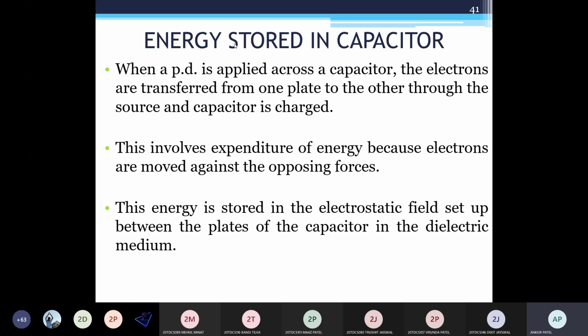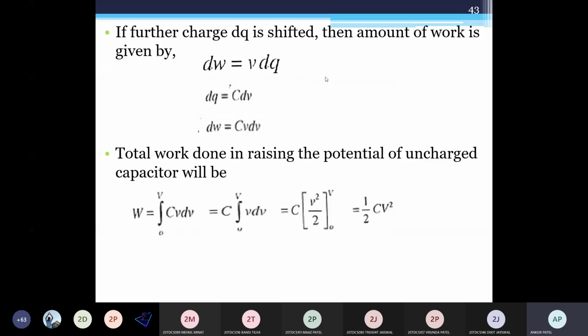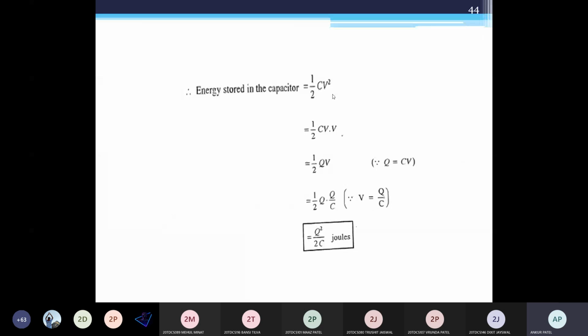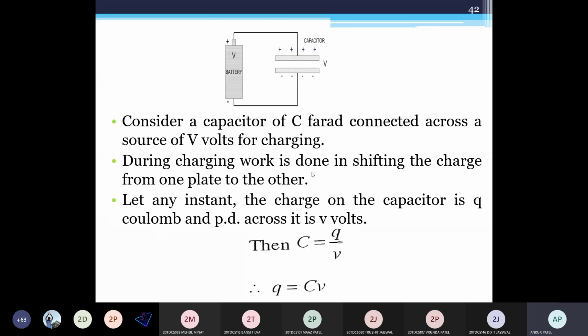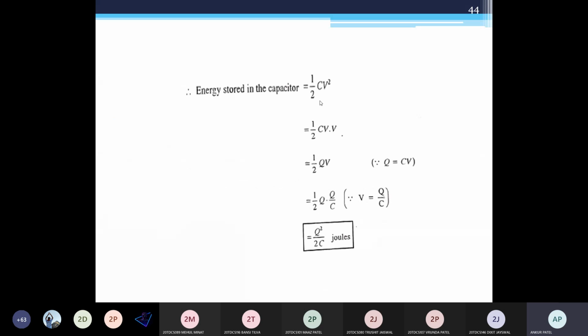Okay, this is not in your syllabus. I will not ask this derivation in examinations, but you need to remember these equations. Energy stored in capacitors is given by 1/2 CV square, or you can write 1/2 QV, or we can also write Q square by 2C.